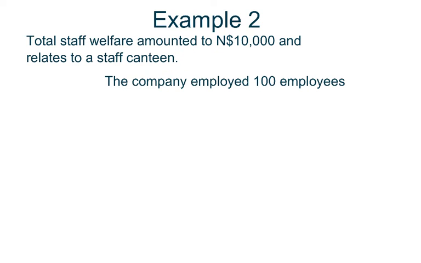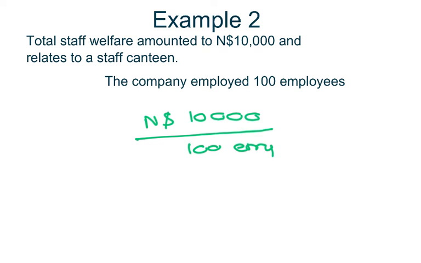So a fair method of distribution can be to look at the number of employees. So we are saying the company spent a total cost of 10,000 Namibian dollar as staff welfare for 100 employees. So this will be the way how to allocate staff welfare.